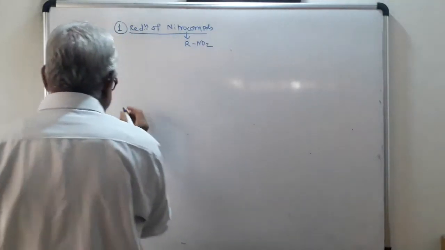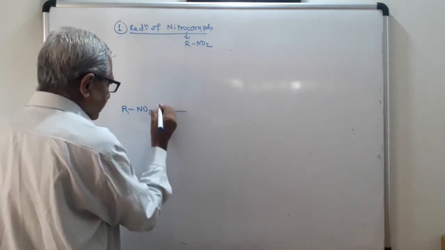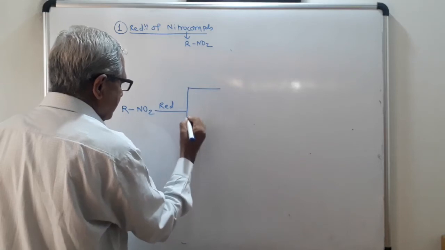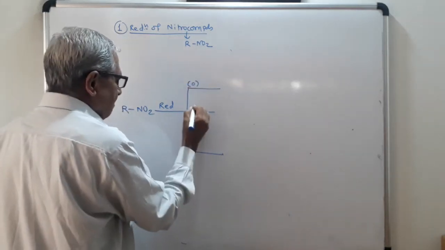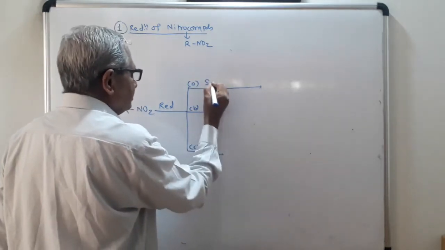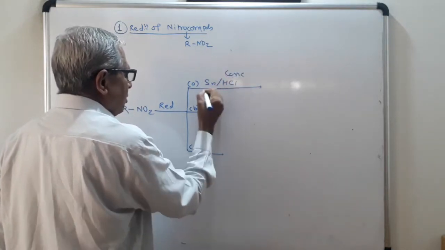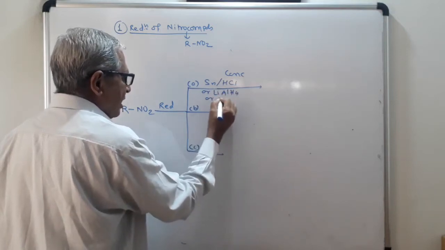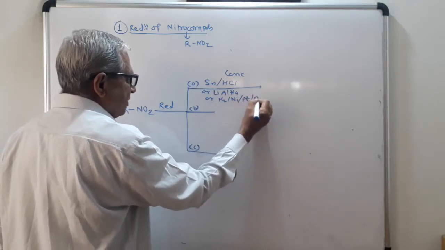When you take the nitro compound RNO2, do the reduction in 3 different ways, A, B, C. In the first case, you can use tin and concentrated HCl, or lithium aluminum hydride, or hydrogen in presence of nickel, platinum or palladium.